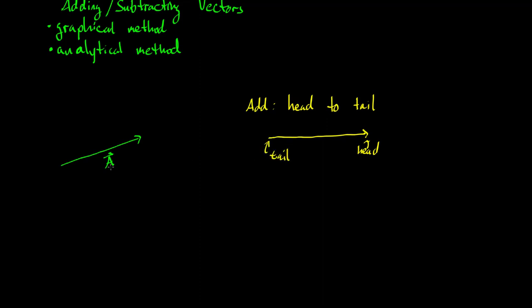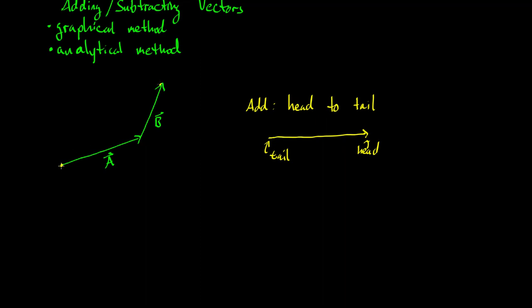So if I wanted to add, say, A plus B, then I would just place B with its tail at the head of A. And this would be vector B. So this is showing A and B, and then I'm going to add them. To add them, all we do is draw a vector from the tail of the first up to the head of the other one.